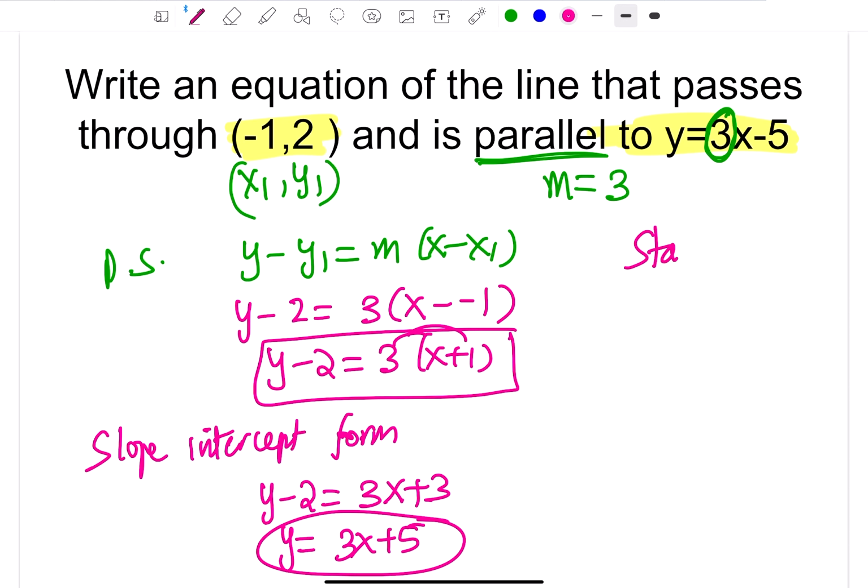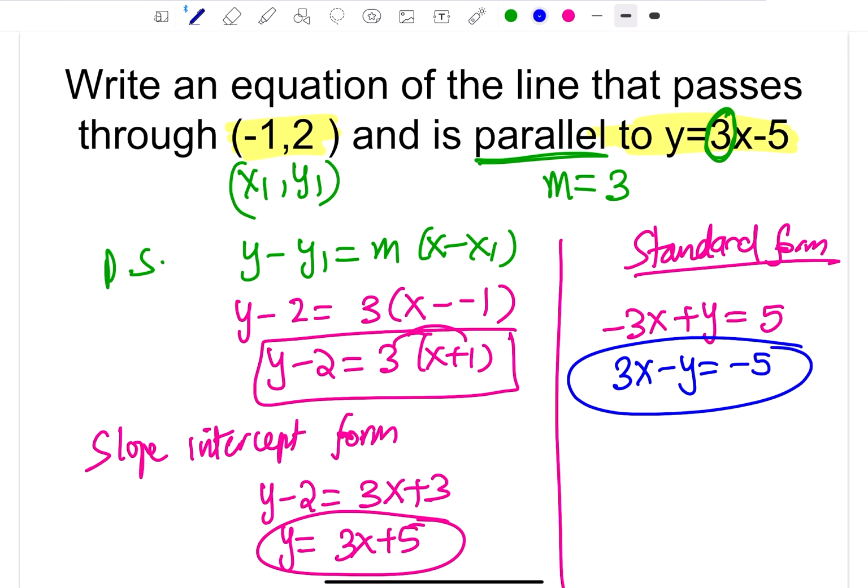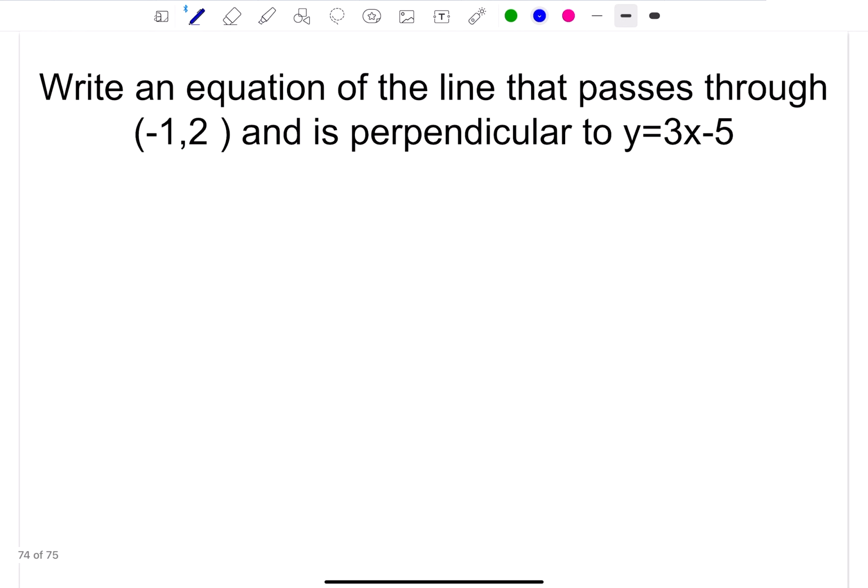Lastly, to get the standard form, we need to write it where x and y are together on the same side, and that would be negative 3x plus y equals 5. Actually, it's positive 5. And because we want to make the coefficient of x positive, we can divide everything by negative 1, and that would be the standard form of the equation of this line.